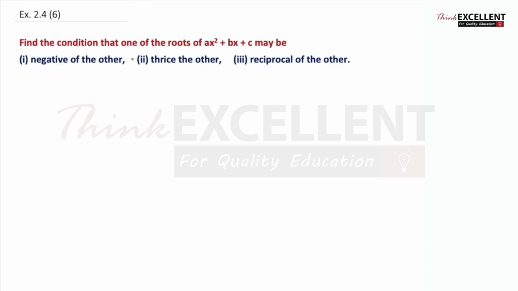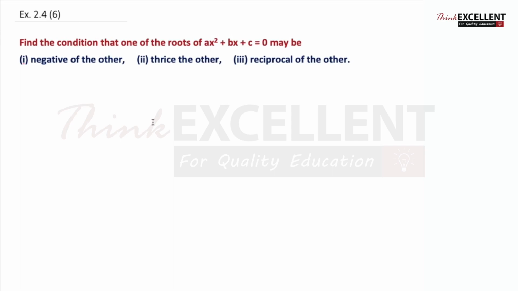Find the condition that one of the roots of ax square plus bx plus c may be negative of the other, thrice the other, and the third one reciprocal of the other. Okay, so you can take it as an equation equal to 0. Last class itself we did, right?